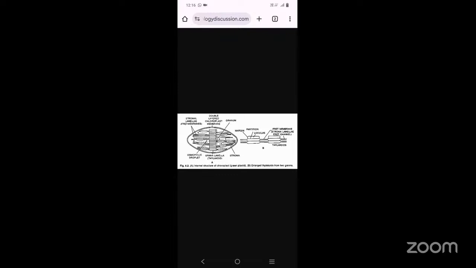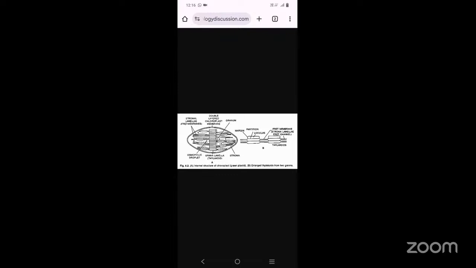The thylakoid membrane or stroma lamella both are composed of lipids and proteins. In the photosynthetic prokaryotes, that is the blue green algae, the chloroplast is absent. So due to the absence of chloroplast, chromatophores are present in the photosynthetic bacteria. They are involved in the photosynthesis.